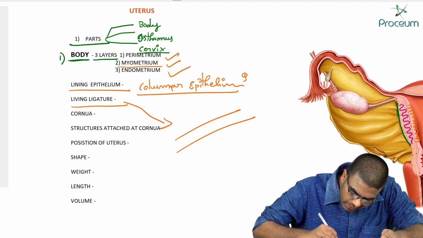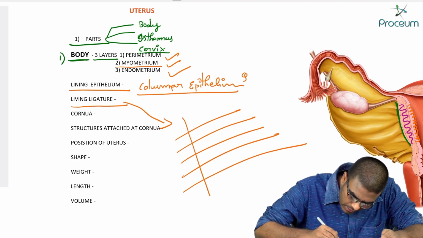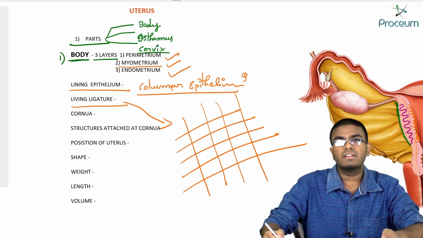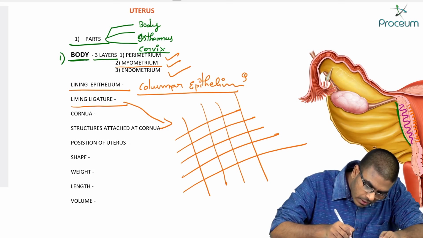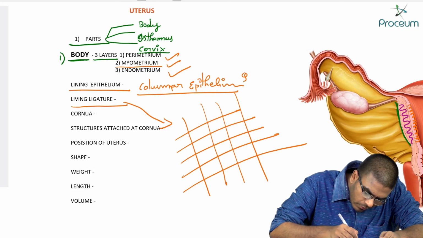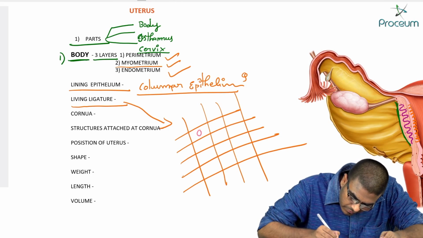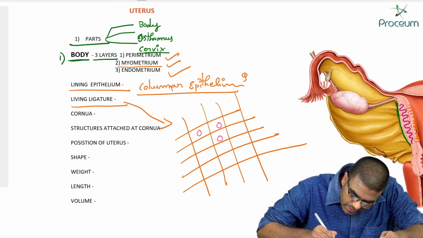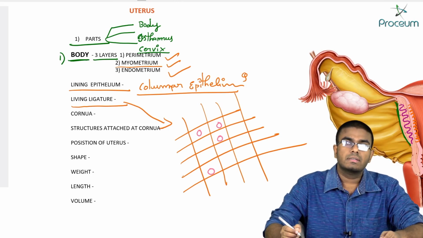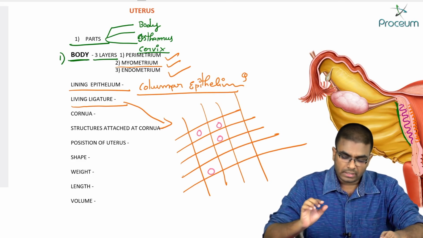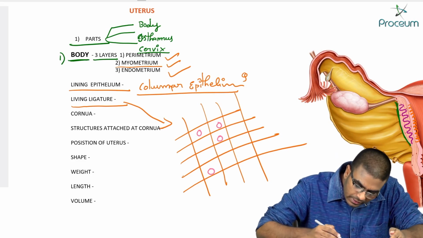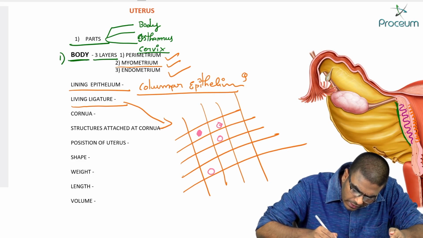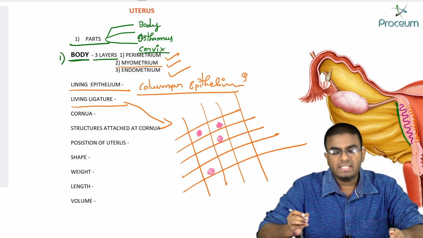Now concentrate, these are the crisscrossing muscle fibers. Why is it known as a living ligature? It's because in between these muscle fibers there are blood vessels. Whenever these muscle fibers contract, they close these blood vessels. Where is it important?